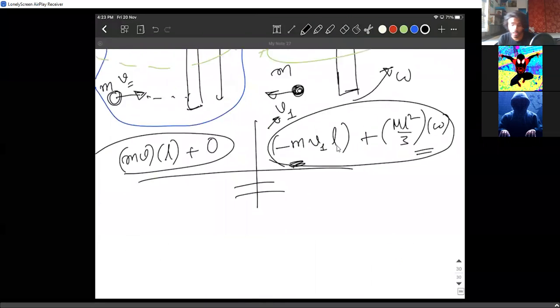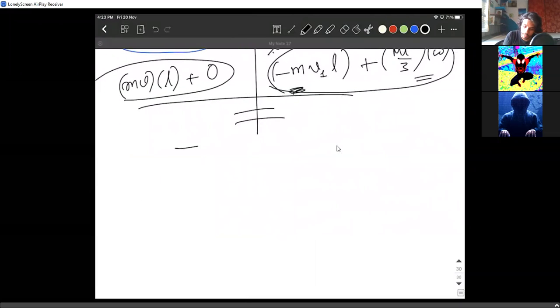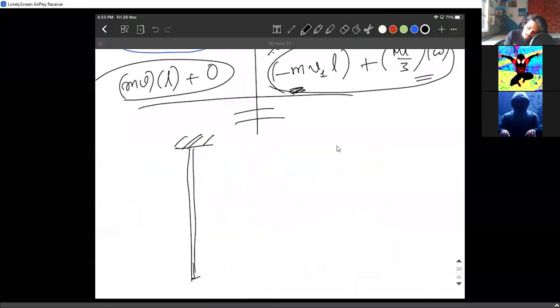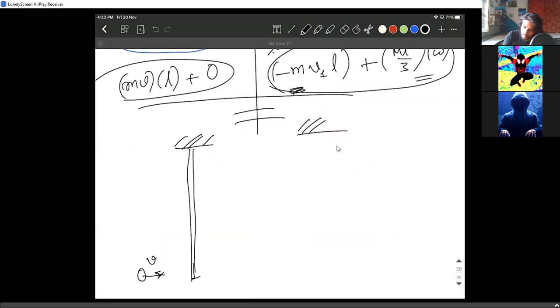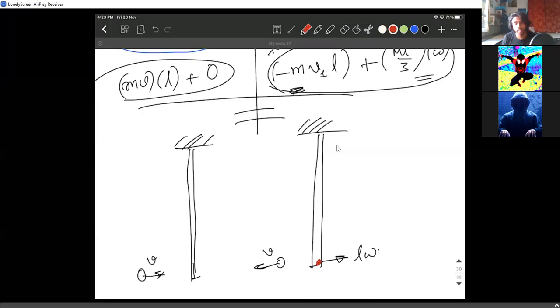Now, they don't even give you the velocity v1. We need to write another specific equation. I'm writing L omega as the velocity of this point, like R omega.